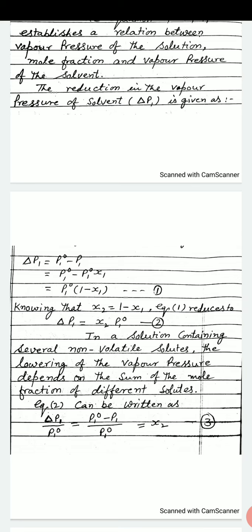Equation 2 can be written as ΔP1 / P1⁰ = (P1⁰ − P1) / P1⁰ = x2, equation 3.